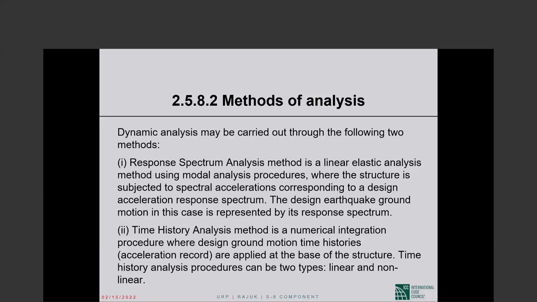That is not our topic today. We will concentrate on modal response spectrum analysis, and when dynamic analysis is required, the vast majority of engineers would still do modal response spectrum analysis. And that's definitely true outside of the US.